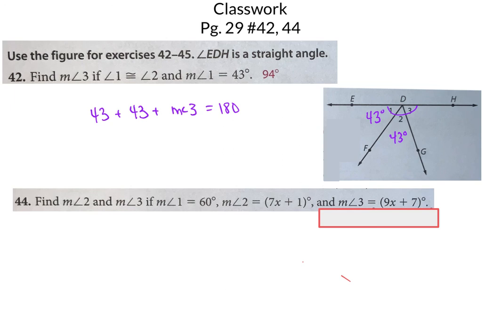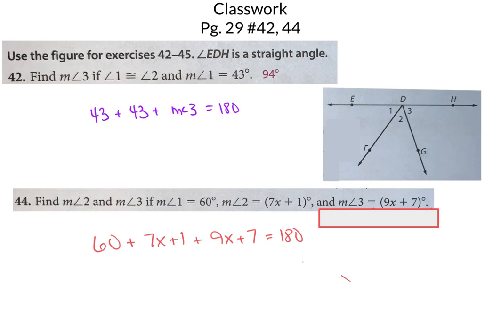Look at this next one. They want the measure of 2 and 3, if 1 is 60, 2 is 7x plus 1, and 3 is 9x plus 7. All we know is they should add up to 180, right? So for this one, 60 plus 7x plus 1 plus 9x plus 7 equals 180.